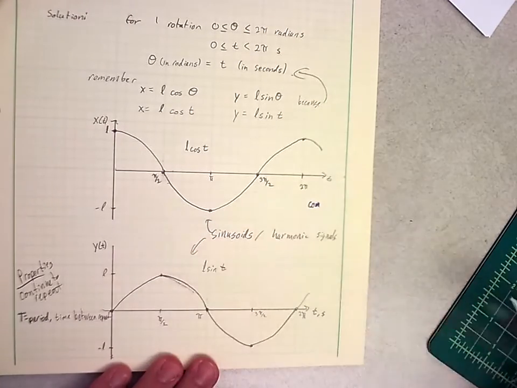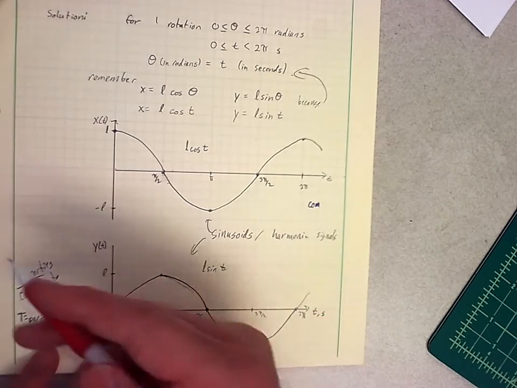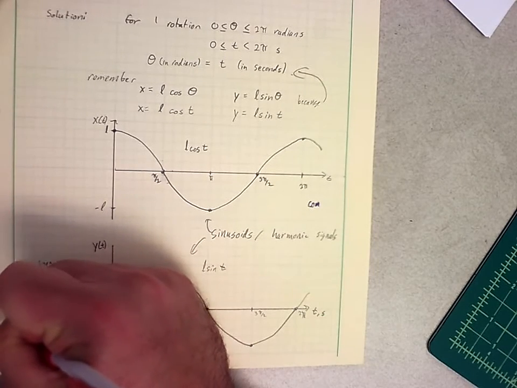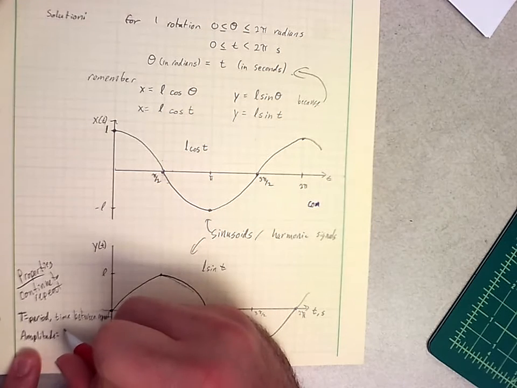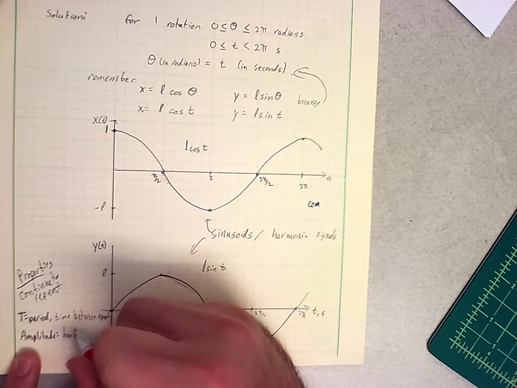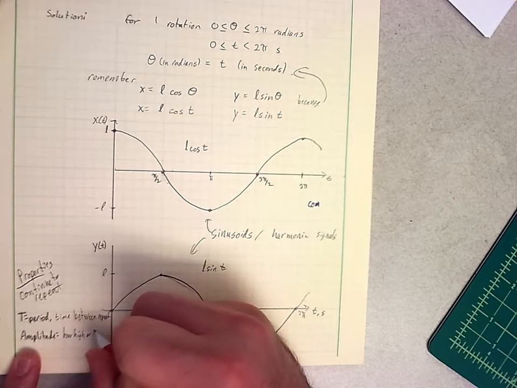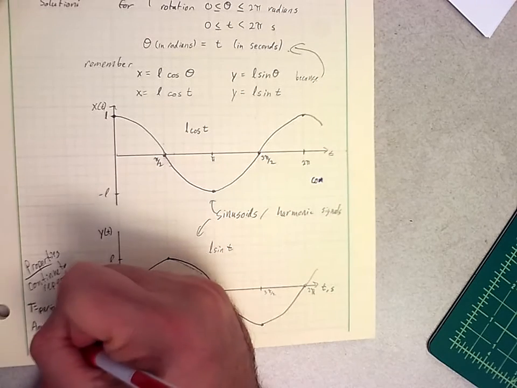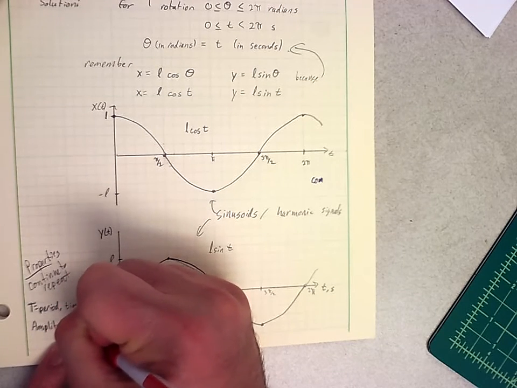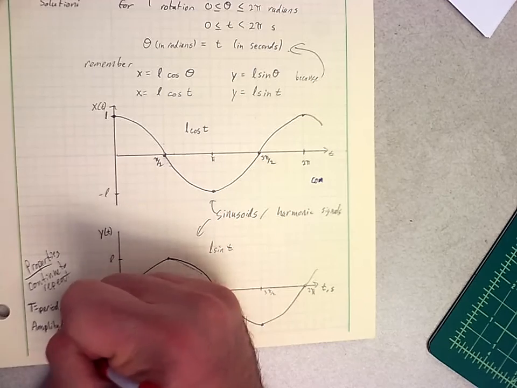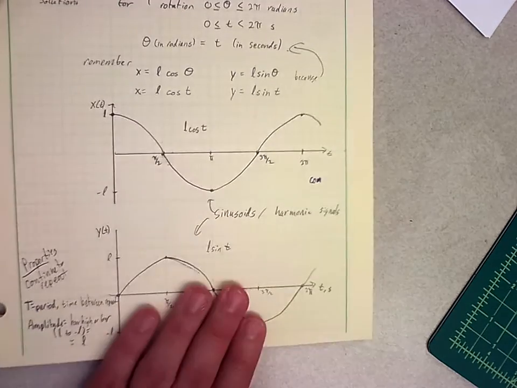The amplitude is how high or low it goes. For this one, it goes from L to negative L, so the amplitude is L.